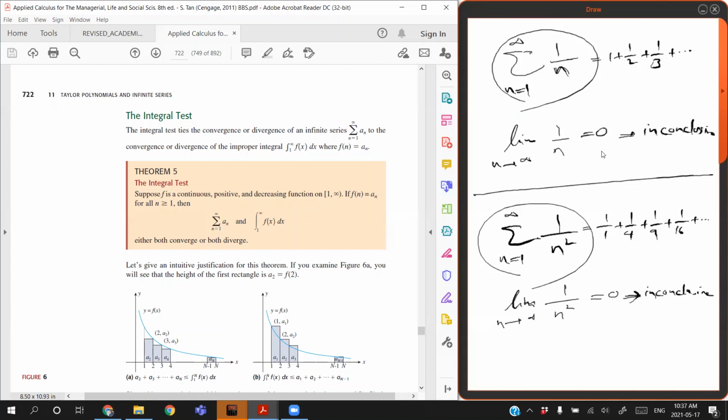But if you're unlucky and that limit is equal to 0, then the test for divergence would be inconclusive. And in that case, you would have to use other tests. Those other tests are called the integral test and the comparison test, which we're going to talk about now. Are we good?